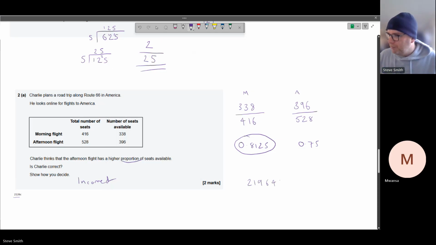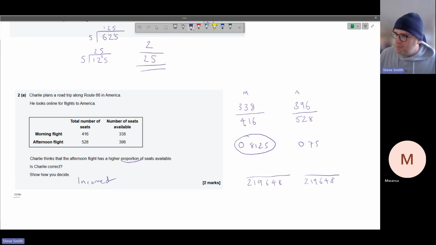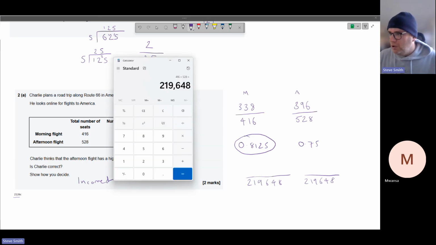That's your bottom fraction, 219,648. We times that one by 528, so we need to times this one at the top by 528.